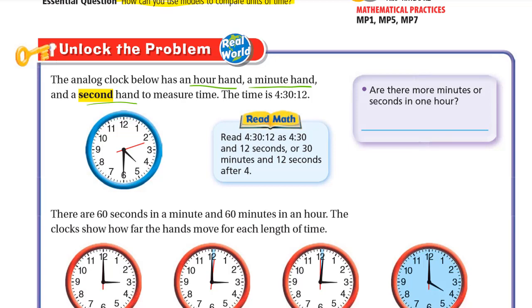And this thin hand is for seconds, so it's now at 12 seconds. So it's read as 4:30 and 12 seconds, or 30 minutes and 12 seconds after 4.